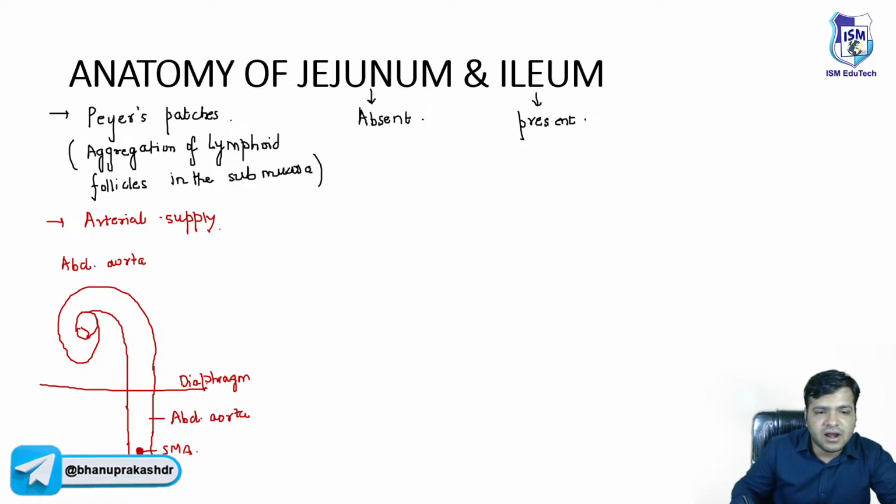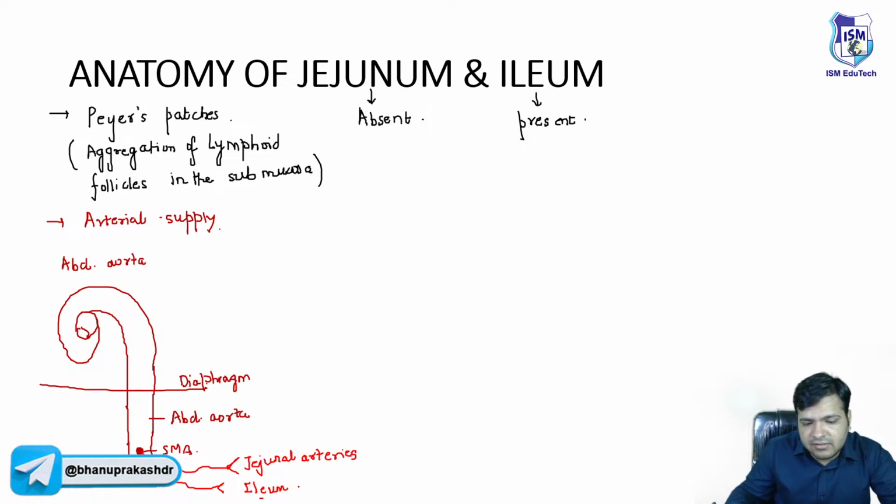This superior mesenteric artery will give off branches to the jejunum, and it will give branches to the ileum. This is called the jejunal artery. We have multiple arteries supplying the jejunum, called the jejunal arteries. And we have the ileal arteries.